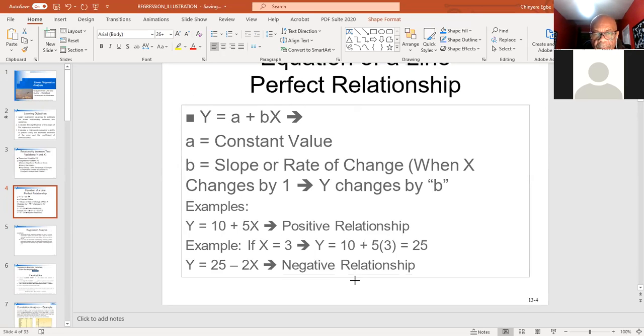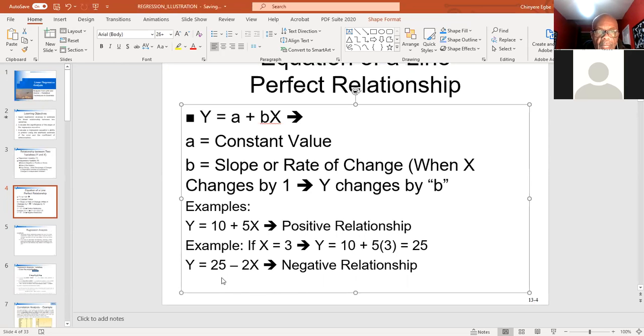Okay, so that's an example. Now, another example will be y is equal to 25 minus 2x. This is a negative relationship because the coefficient of x is minus 2. So that means that when x goes up, y will go down. When x goes down, then y will go up.